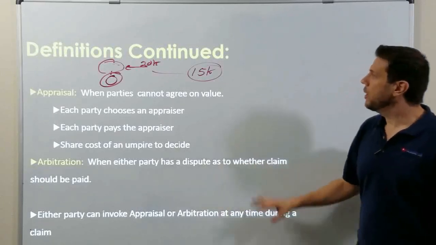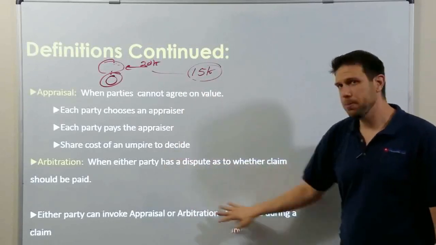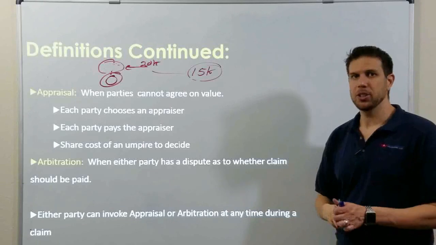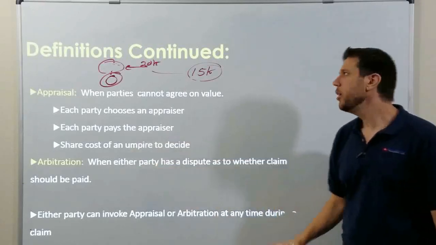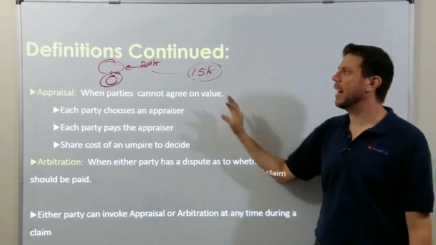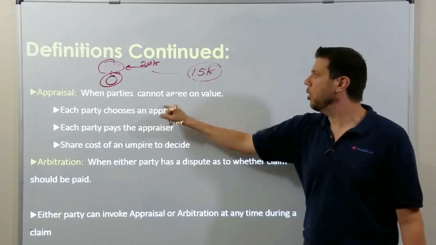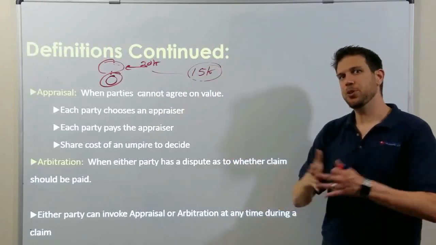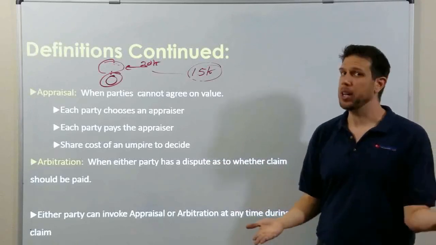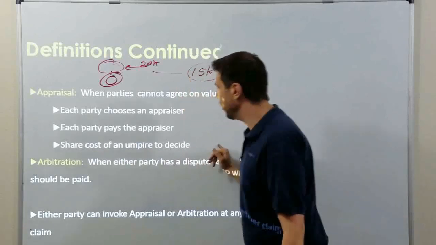If you have to go into an appraisal or arbitration scenario, either party can invoke it. So if the insurance company denies your claim, you can say, I want arbitration. Or if they say it's worth this amount, you can say, I want a new appraisal. You have to choose and pay for your own appraisal. They choose and pay for their own appraisal. If you still can't decide whether or not you're covered or for how much, then you can go and get an umpire.